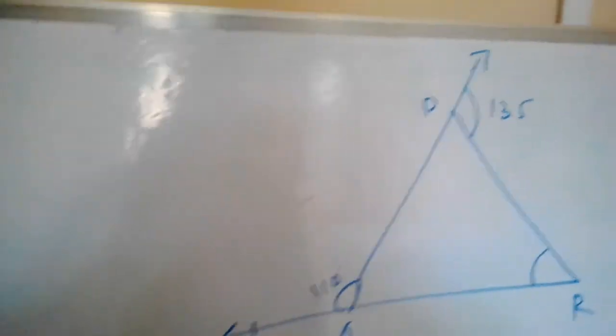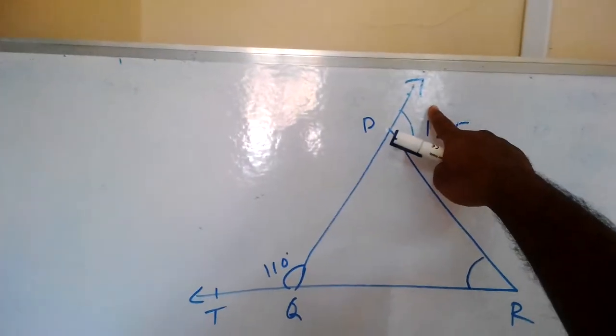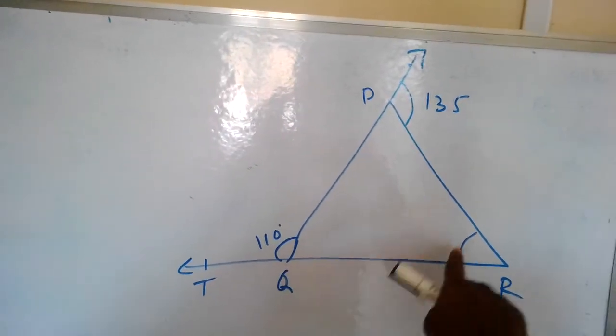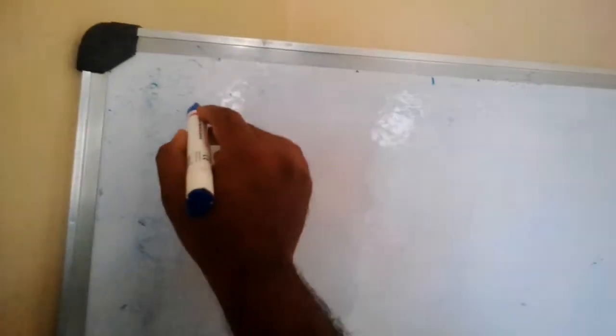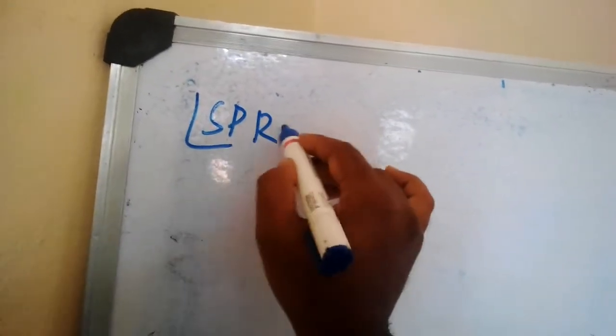Okay, so using the theorem, the exterior angle is always equal to the sum of the opposite interior angles.